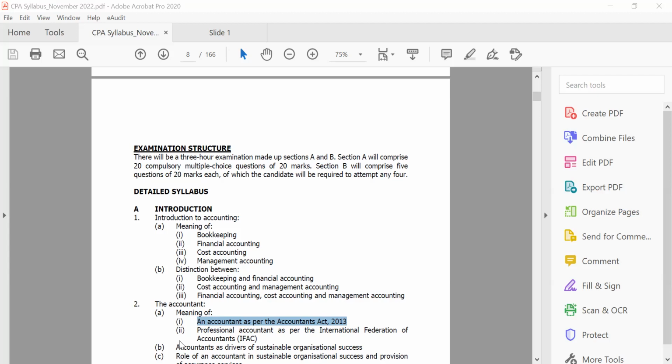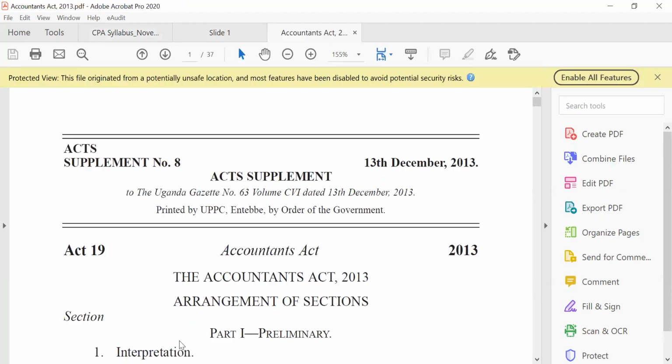And that act is one that says that an accountant is one who has completed the Certified Public Accountants course. So you cannot call yourself an accountant if you have not finished CPA. So friends, this is our Accounting Act of Uganda.